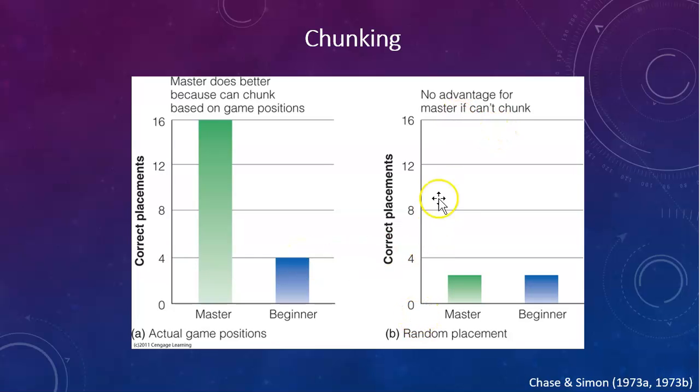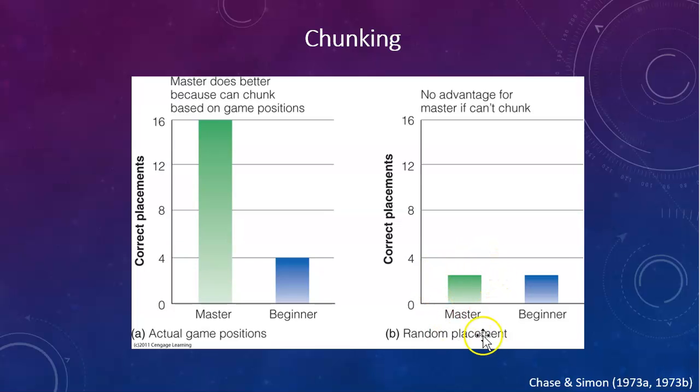Now, if we take away the advantage of a master, so if we just randomly place pieces on the board that aren't an actual game position, then the masters can no longer use chunking because they can't use their previous knowledge. You can't group things in a meaningful way.